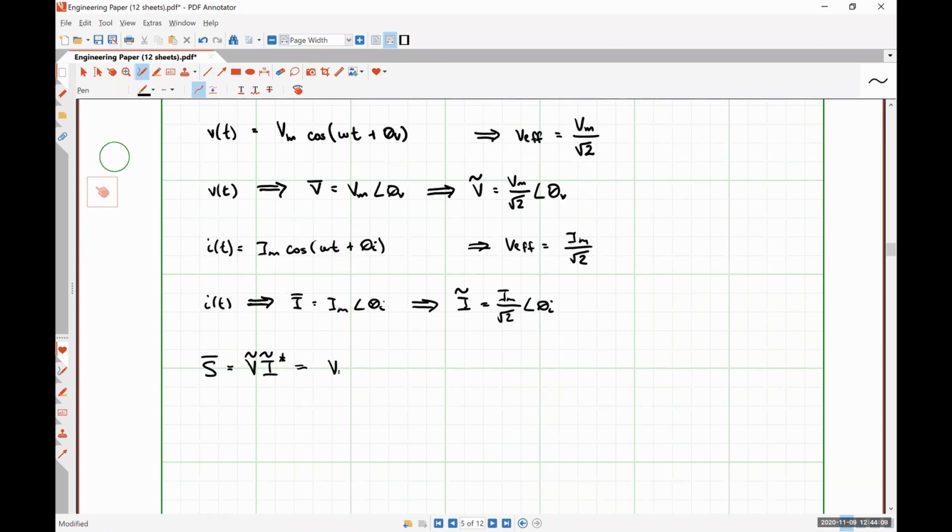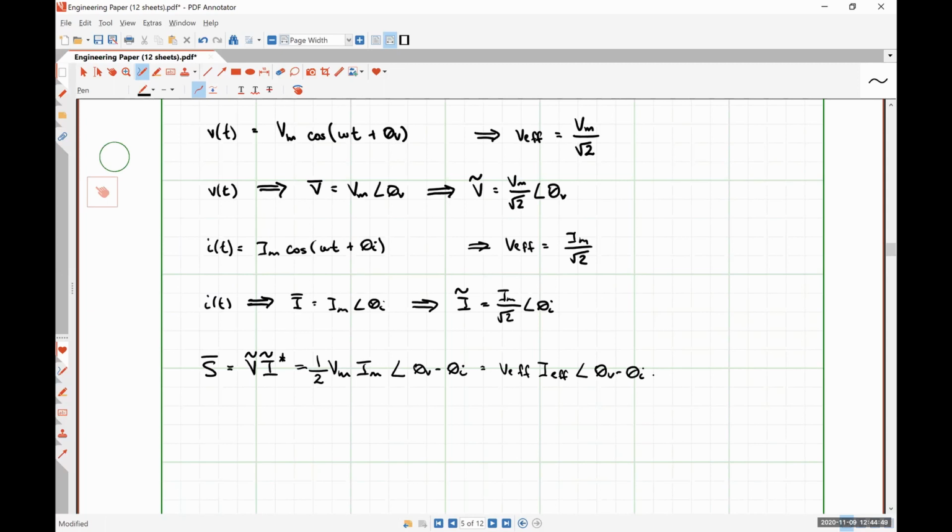So this would be Vm Im times 1/2, because we would have 1 over the square root of 2 times 1 over the square root of 2, with an angle of theta v minus theta I, or in terms of our effective values, it would be V effective, I effective with an angle of theta v minus theta I.